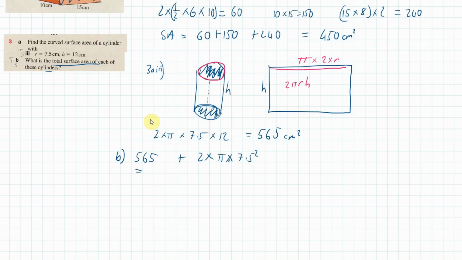So we're going to get 565 plus 2 times pi times 7.5 squared. Okay, right. And that is giving me 918 to 3 significant figures, centimeters squared, because we're dealing with area.